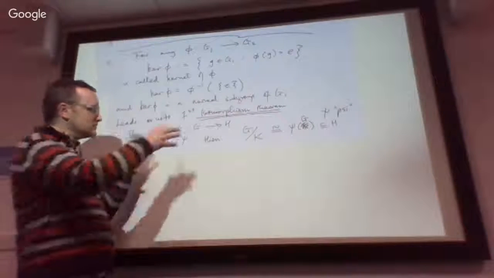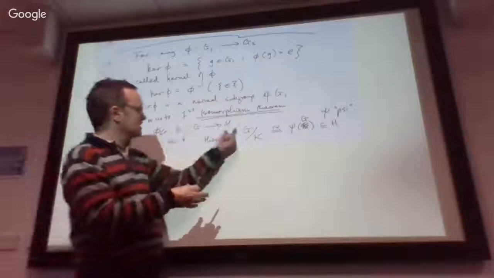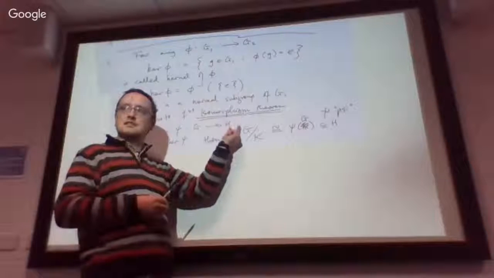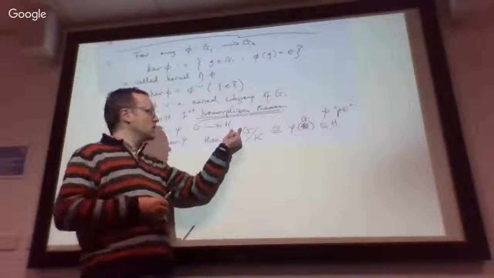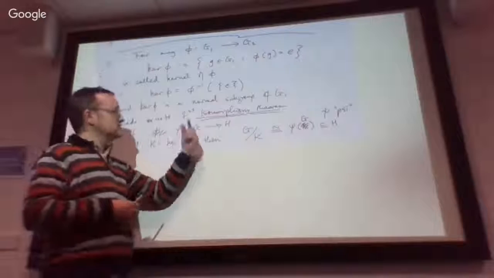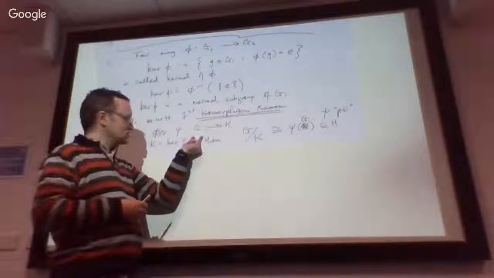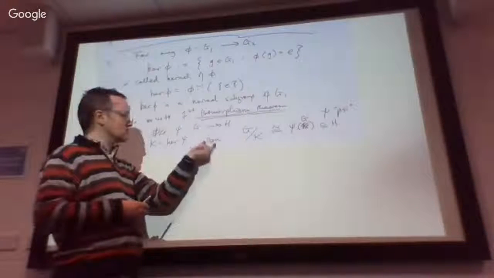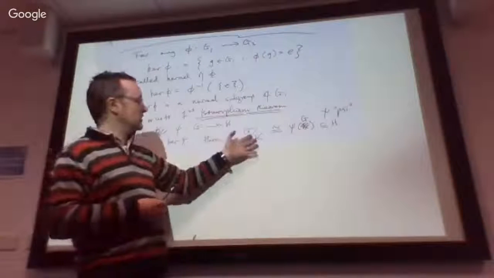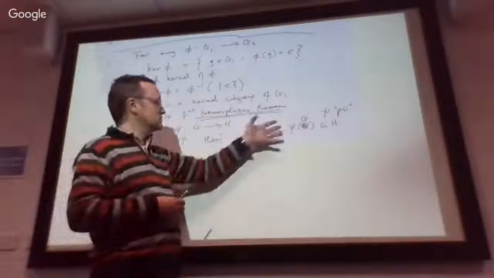So you've got different ways of looking at the image of G. You can look at it directly as a subgroup of H, or you can view it as a construction out of G, the simplified view of G, which is isomorphic to that. We'll look at that in more detail on Friday.